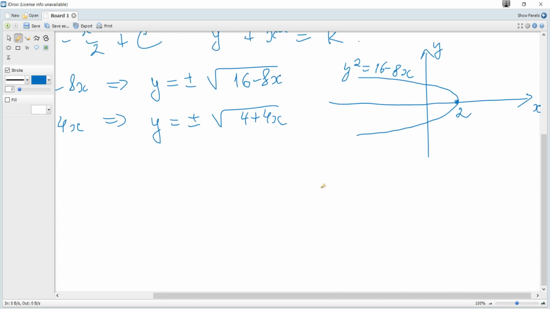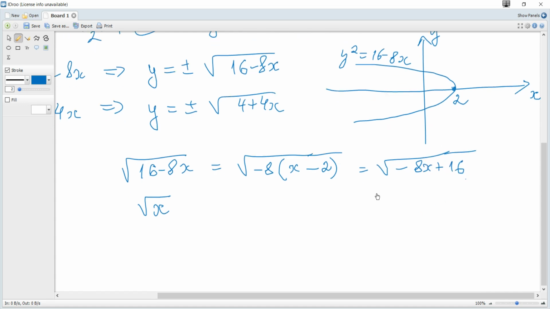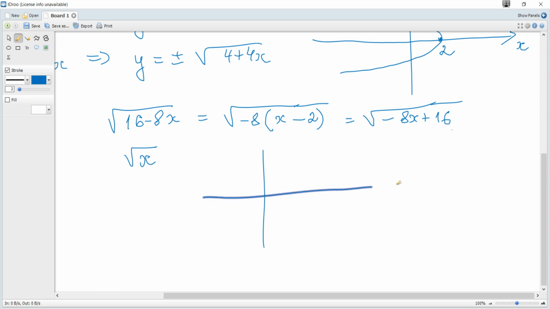It's not required here, but let's review how to get the square root of 16 minus 8x from the graph of root of x. If you do factorization, it becomes negative 8 times x minus 2. Or without factorization, it looks like this. From the usual square root of x, which has points 0, 0 and 1, 1, the first step is what?